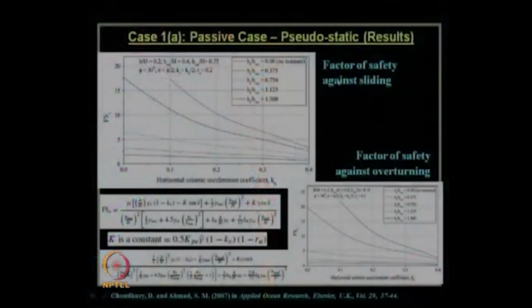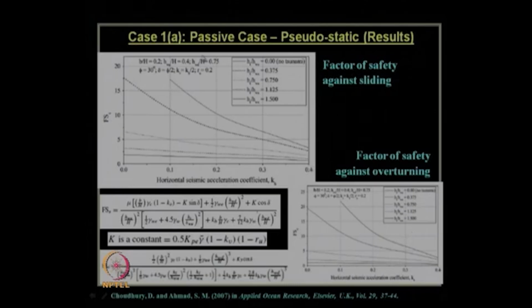Now, let us see the results. What we have done after using the simple limit equilibrium approach for all the forces involved with respect to sliding as well as overturning mode of failure, then the results with respect to the factor of safety against sliding and factor of safety against overturning are shown.